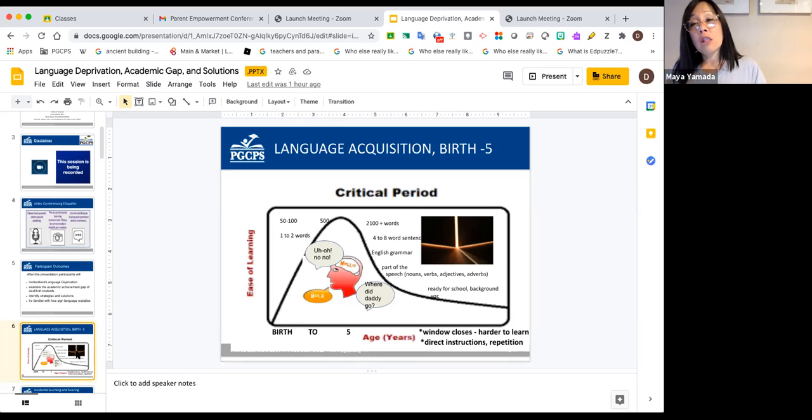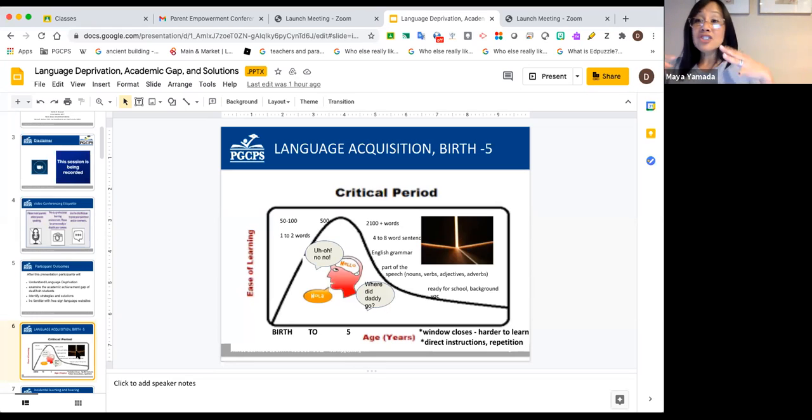And even though a lot of the language they learn in school is new, the brain can handle that new information because the brain has already been trained and it's able to carry over the language they have already learned in the home. So it's not overwhelming.